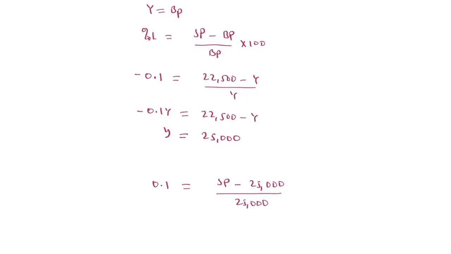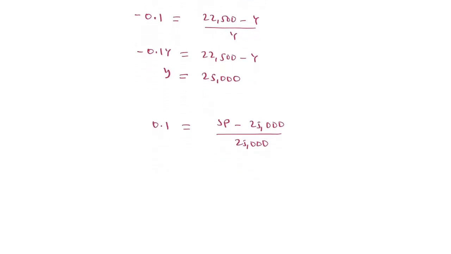Let us now multiply by 25,000 on both sides. Our equation is going to be 0.1 times 25,000 equals selling price minus 25,000. Okay, so solving for the selling price, our final value is going to be 27,500. And this is going to be our answer.